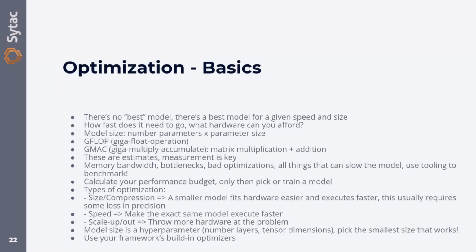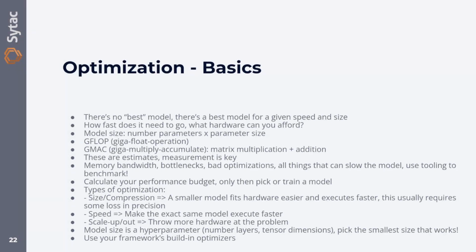Measurement is always key, like all benchmarking. You might have memory bandwidth issues, bottlenecks in your model, like tunnels where everything keeps waiting for one operator, or bad optimizations. Use tooling to benchmark. NVIDIA has good tooling. Start with calculating your performance budget.